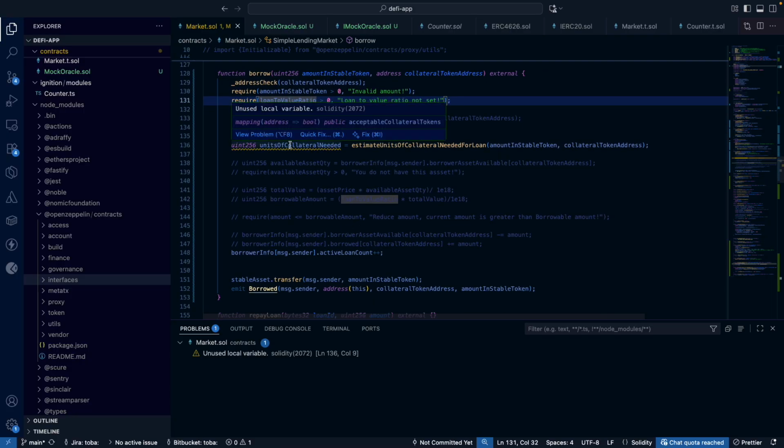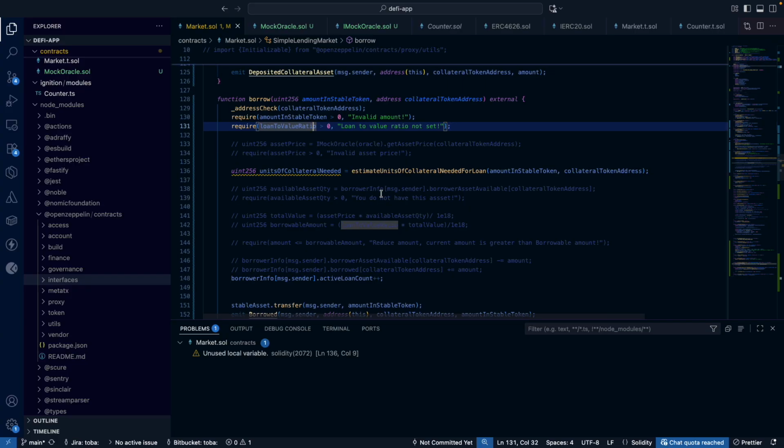Now, the biggest question that we need to ask is, does this user have this amount of collateral?